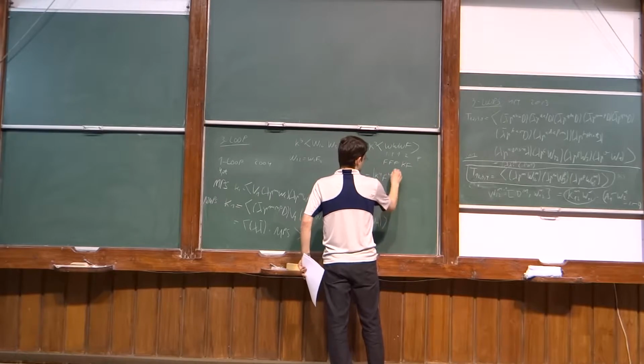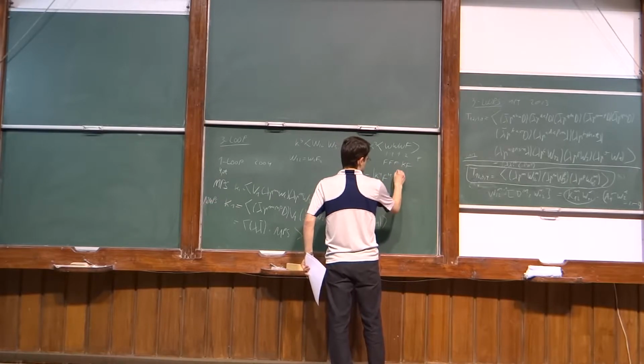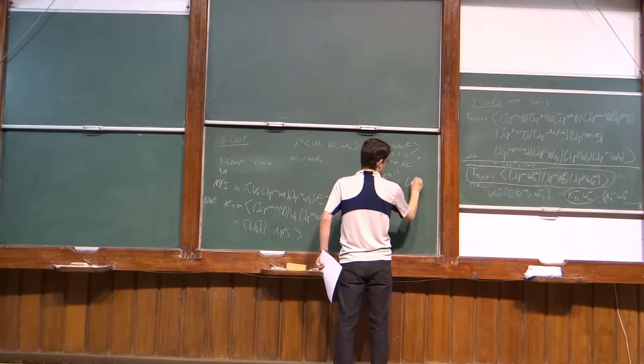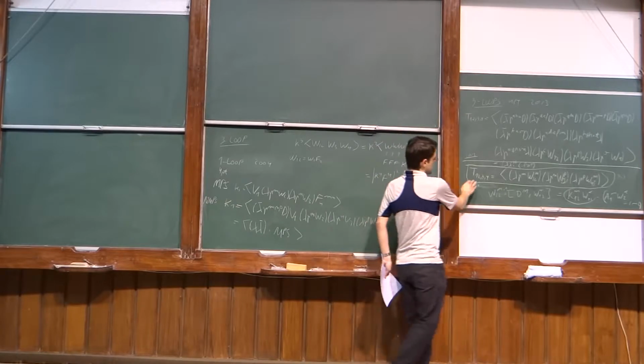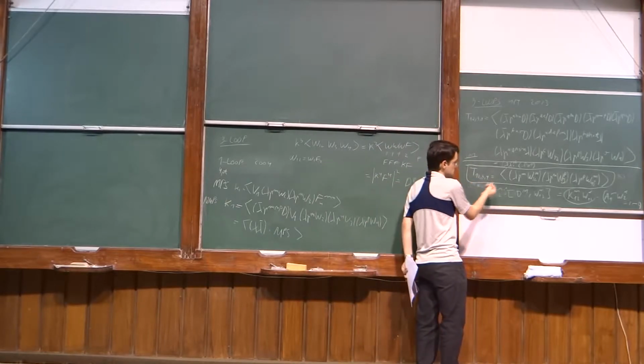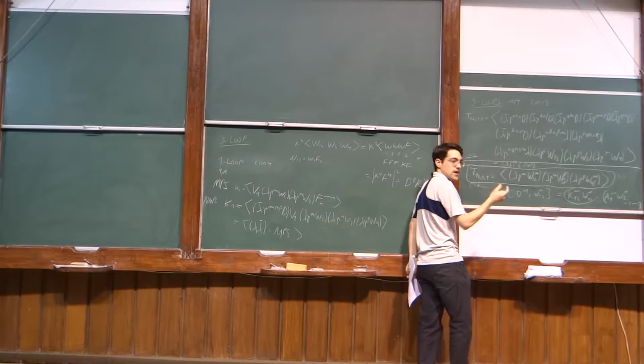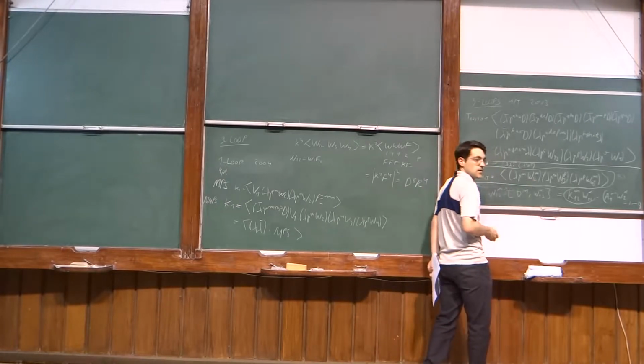And then when you square this, you will get momentum to the 8th. But then this factor still comes with a colliding singularity in the worldsheet.